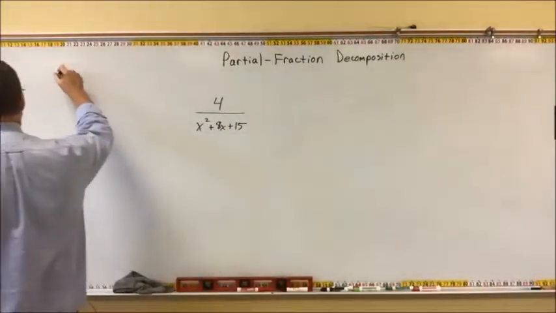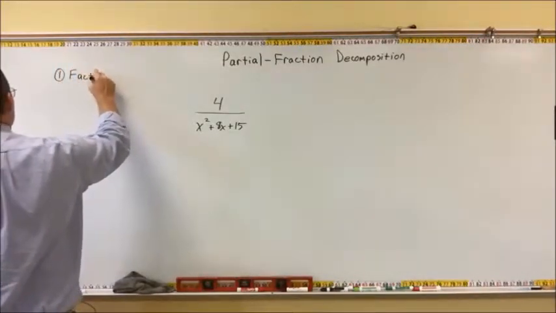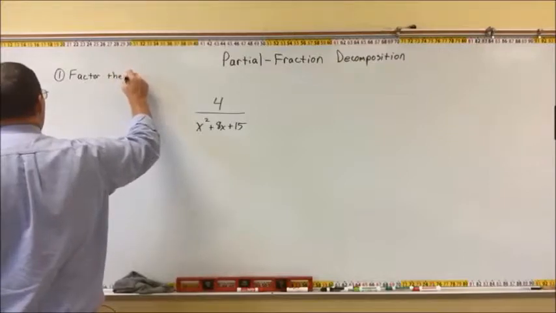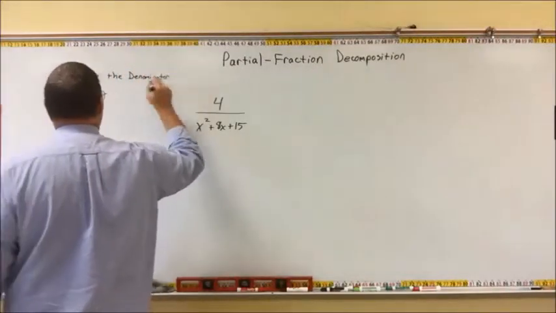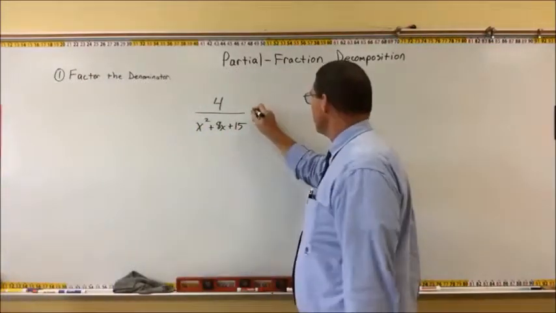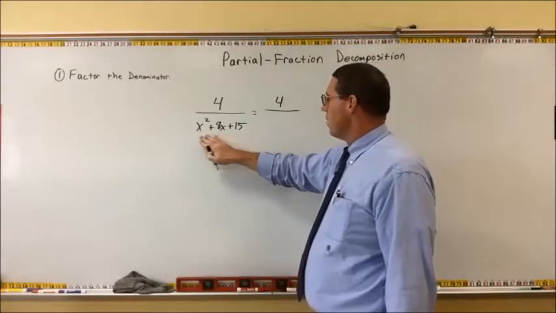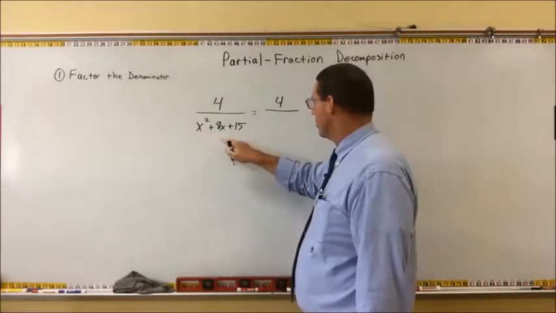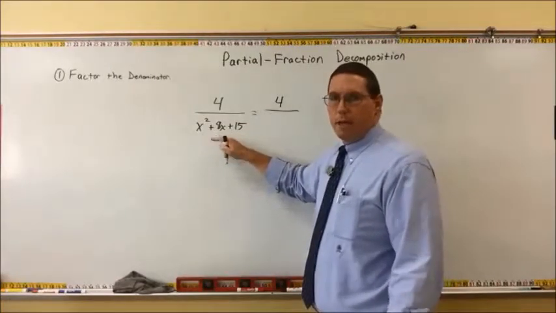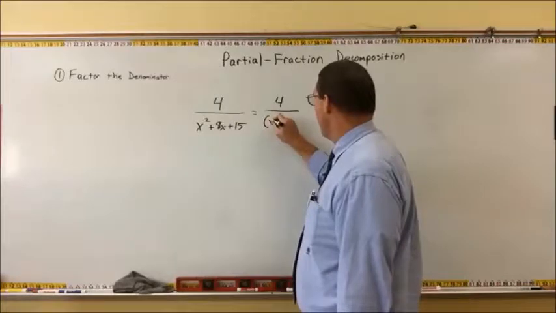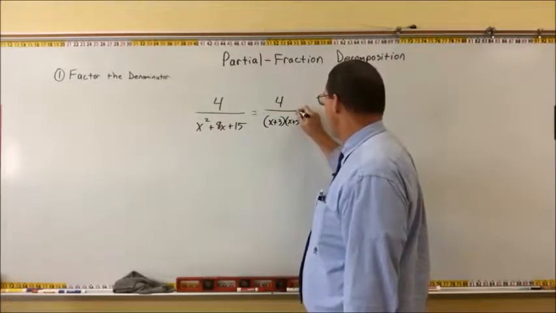The very first thing you want to do is factor the denominator. This is now going to become 4 over, and this is a product-sum factoring situation. Two numbers that multiply to 15 but add up to 8 are positive 3 and positive 5. So this is going to become x plus 3 times x plus 5.